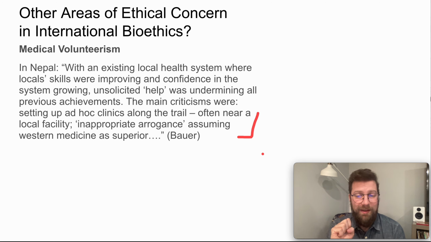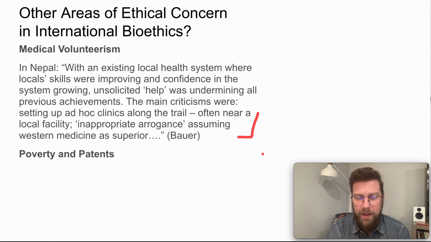But the questions of how medical volunteerism can go wrong, how it can be done better, is certainly an important international question in bioethics that is worthy of further exploration. Here's another thing to flag. We might also talk about poverty and patents.